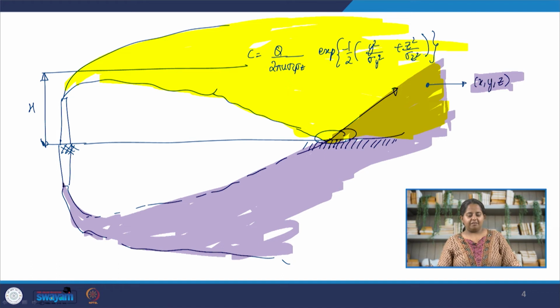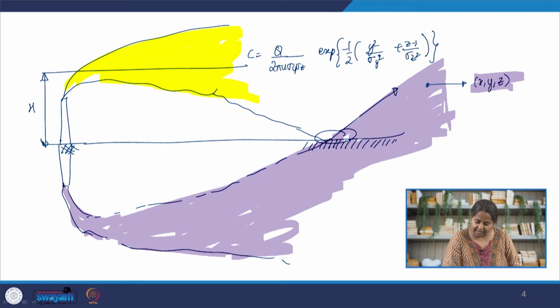Now what do we have from the indirect plume? Okay, hold on, there is a difference. In the direct plume we will have (z minus H) squared because it has a height. So we will have (z minus H) squared, right? Now what about the indirect plume?